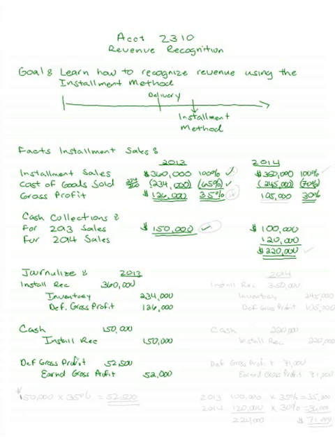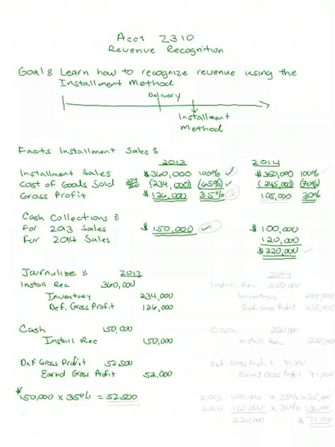And again, where did I get that? Well, I collected $150,000 on these sales, and I said 35% of that, my gross profit rate for this year, is profit. 150,000 times 35% is 52,500. So that is the amount of gross profit I earn for the year. That was kind of fun.